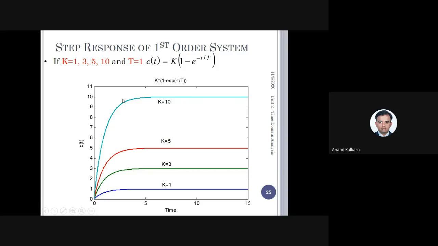If K is 10, it will reach 10 in this much time, say 1 second. 5 also 1 second. 3 also 1 second. 1 also 1 second. That is because the time constant of the system is the same, whatever it is. So the response depends not on the value of K, but on the value of time constant capital T.